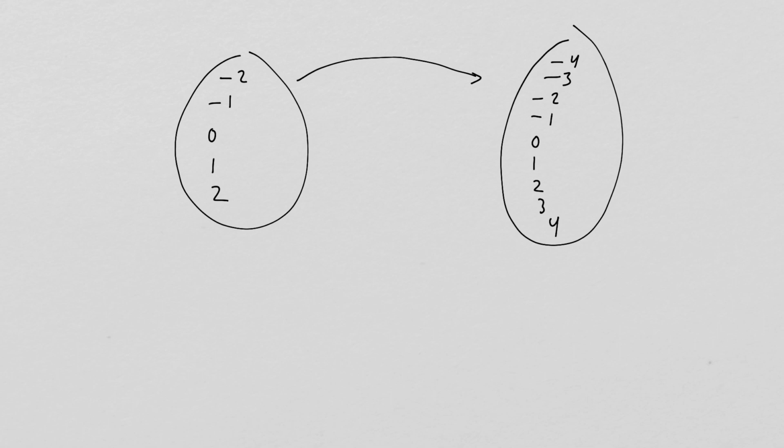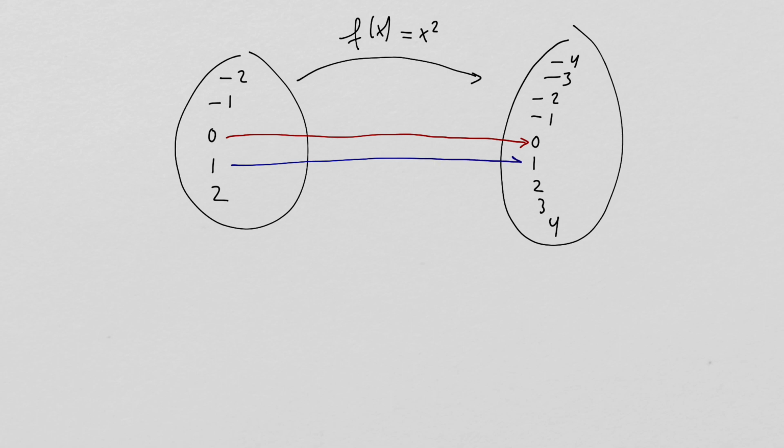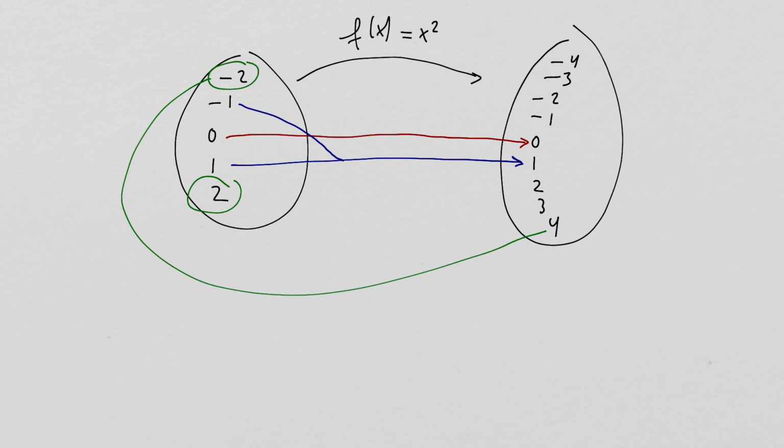And we can consider the function x squared. x squared sends 0 to 0, both 1 and -1 to 1, and both -2 and 2 to 4.